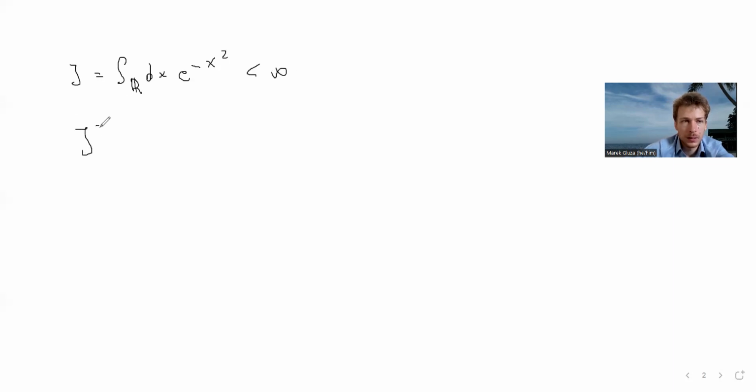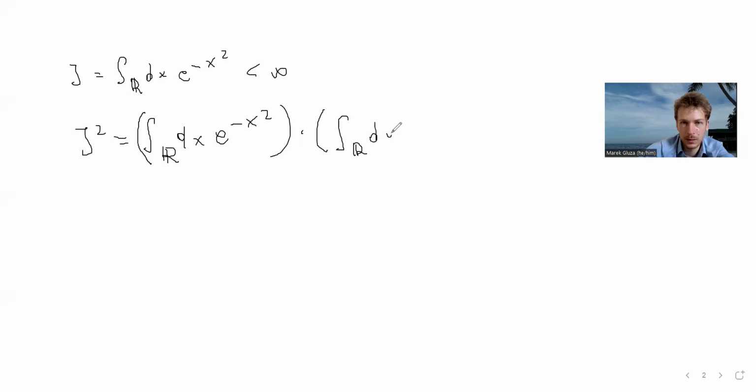So if we square it, we can write this as once the integral and then again the integral. But nothing prohibits me from naming the second integral in terms of a different name of a variable, and then here, e to minus y squared.